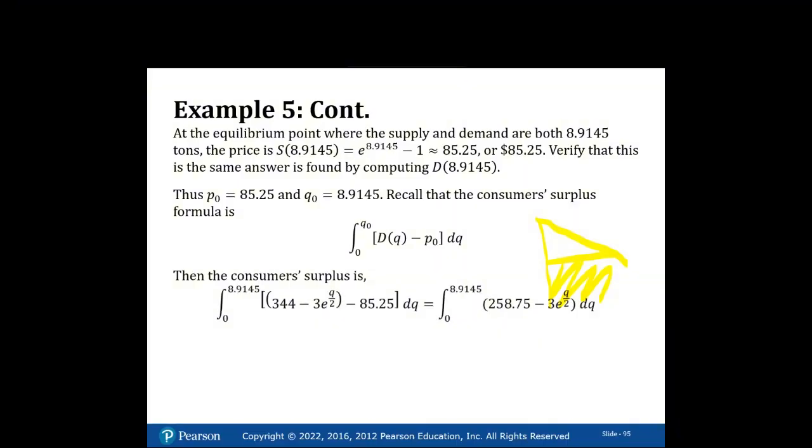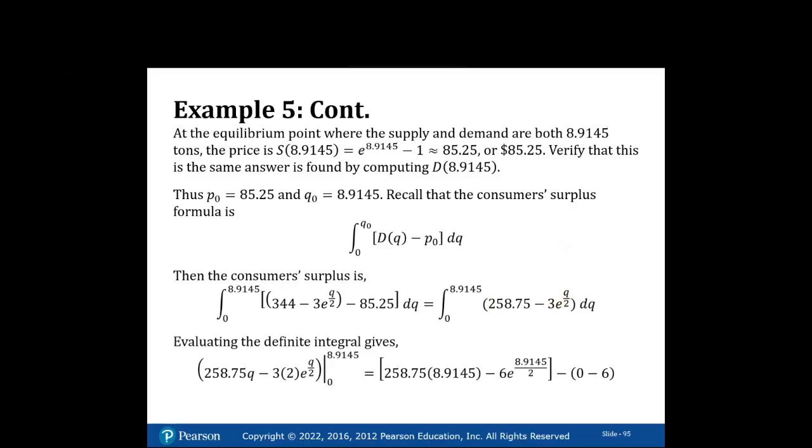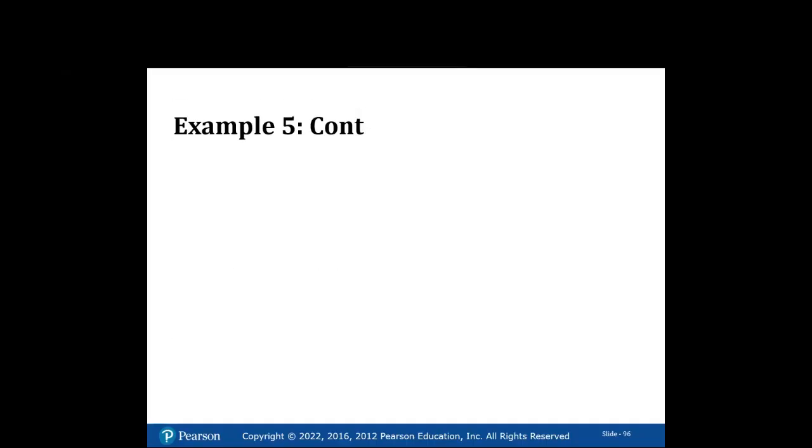So then we plug all of our information in, and we get this 344 minus 3e to the q halves. Simplify everything out, and evaluating that definite integral gives us approximately 1795.13. You want to have your calculator with you. So the consumer surplus is 1795.13.